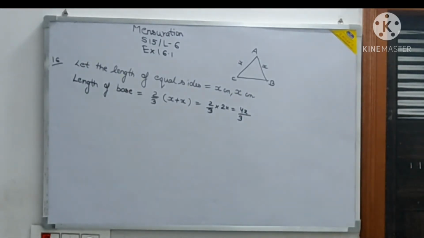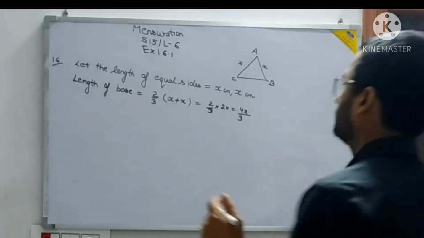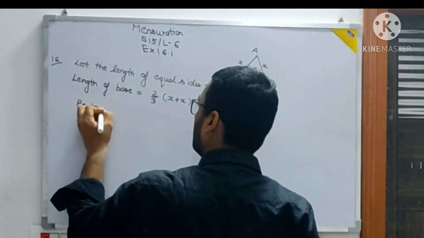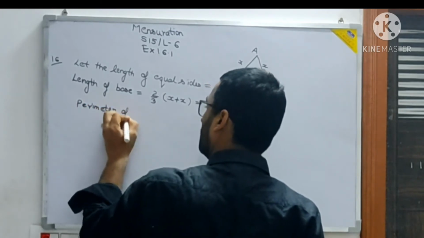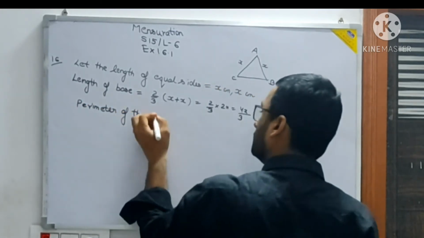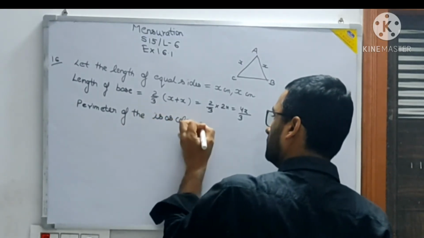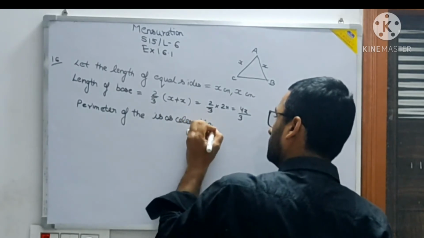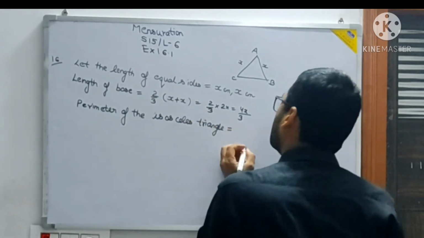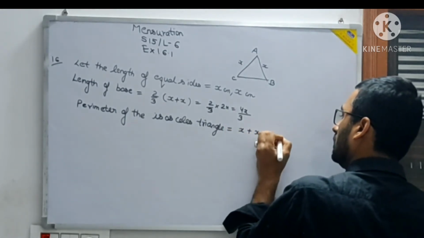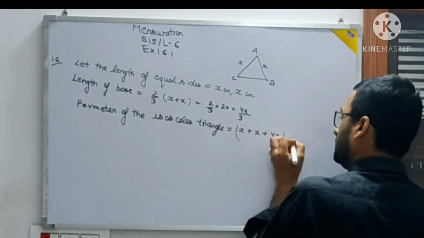So we now know the length of the base and the length of the equal sides. Is the question giving us something more? Yes, it is given the perimeter. Perimeter of the isosceles triangle is equal to x plus x plus 4x by 3 centimeter.